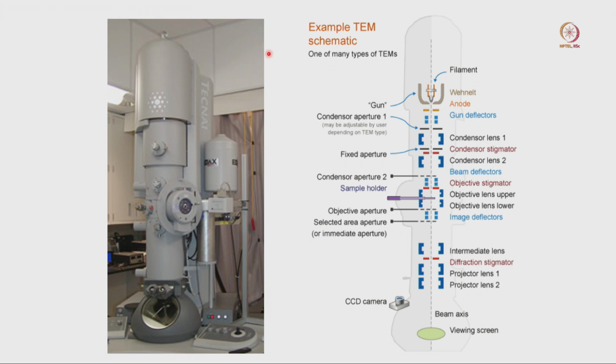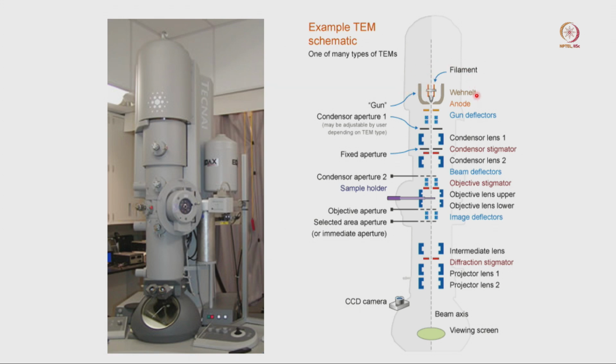Previously I mentioned that we are talking about a 120 kilovolt, 200 kV or 300 kV microscope. That high tension cable will connect through this particular region, where the cable will go and connect with our filament.